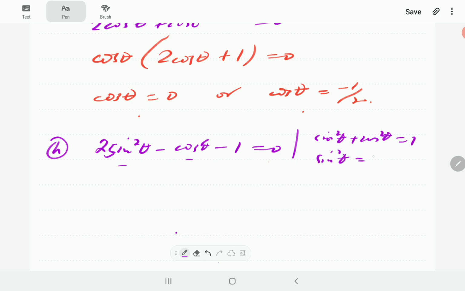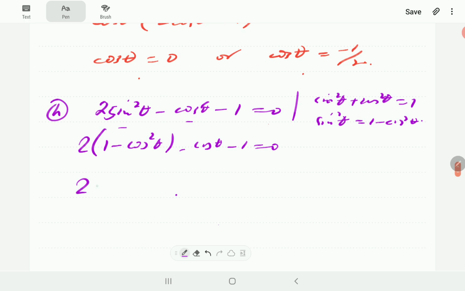So sine squared theta is 1 minus cosine squared theta. So here we're going to plug in 1 minus cosine squared theta, and then minus cosine theta minus 1 equal to 0. So this is going to be 2 minus 2 cosine squared theta minus cosine theta minus 1 equal to 0.